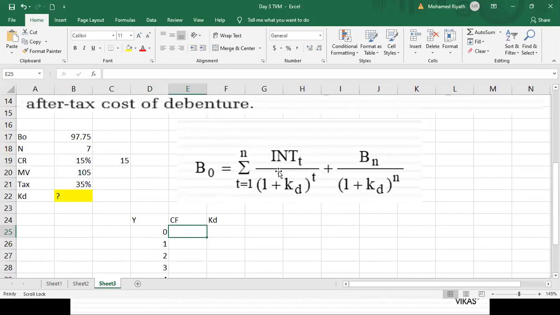To purchase this bond, how much do you have to invest today? How much? Please respond. You can buy this bond at the market price today. So how much is the market price?